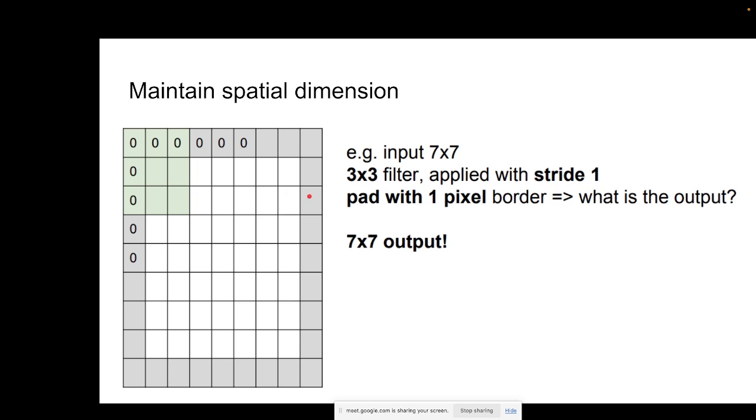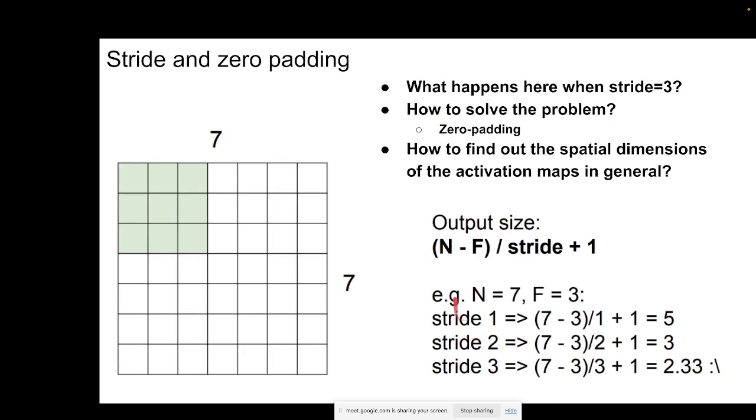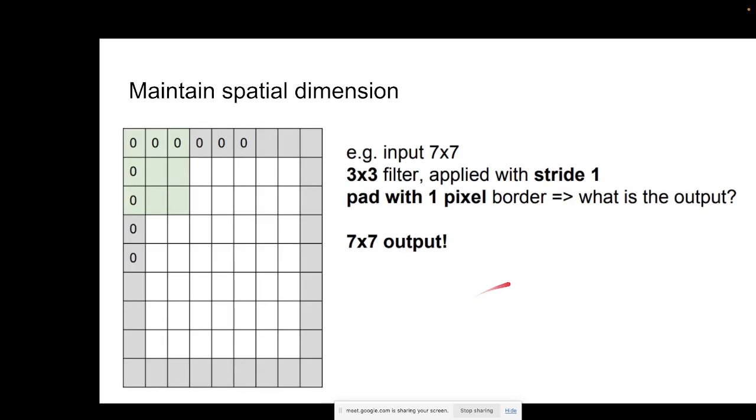This is called padding, where you simply put zeros in these gray parts, and the white part is your original image. Because you are adding one zero on the top and bottom, and on the left and right, your final image dimension becomes n plus 2. We call this padding with a 1 pixel border.